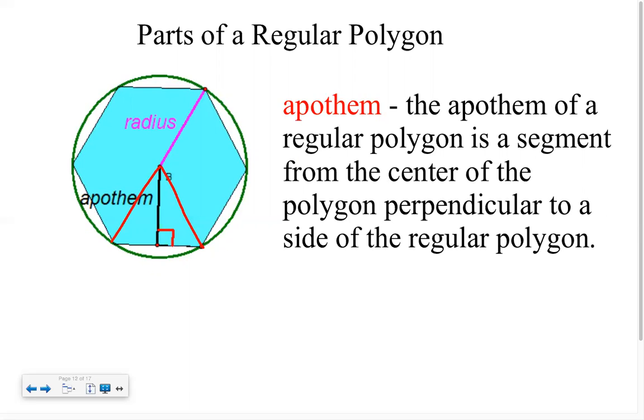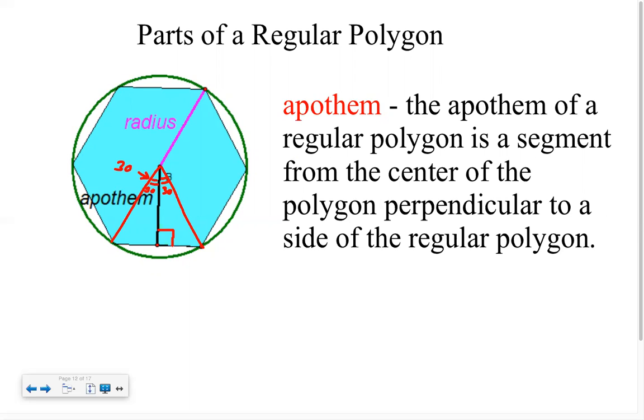The apothem is an angle bisector. So it cuts this central angle in half and gives us two 30-degree angles. They're congruent, obviously, because they're both 30. But those are 30-degree angles.